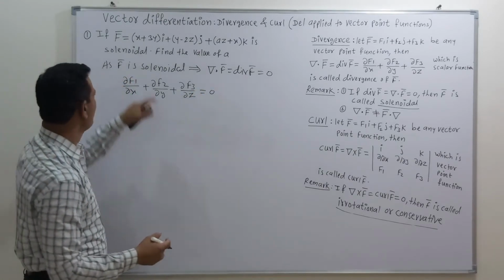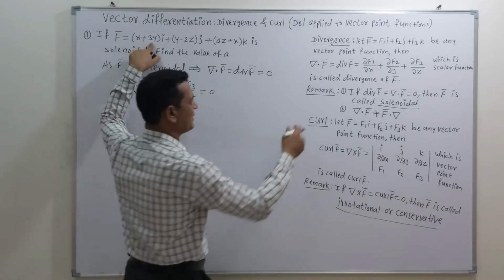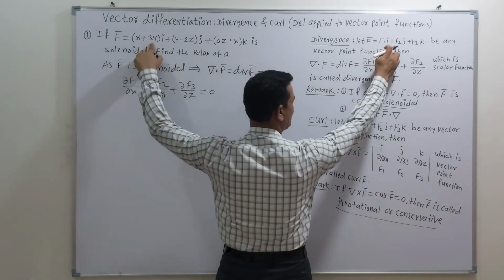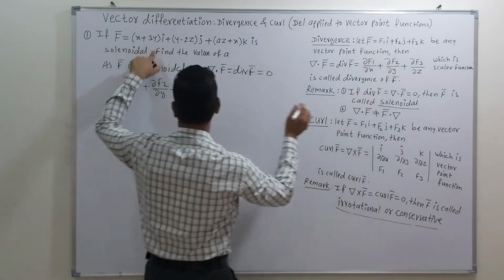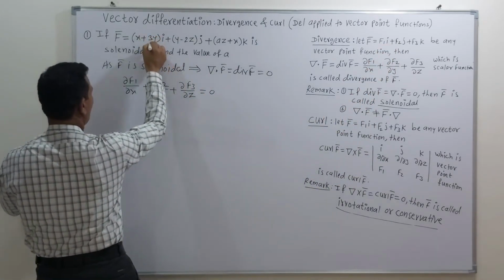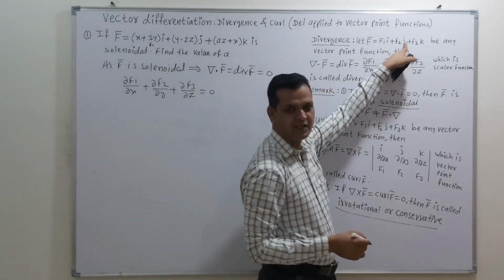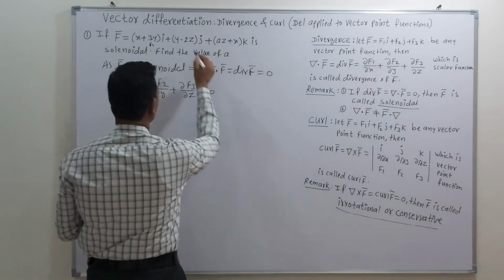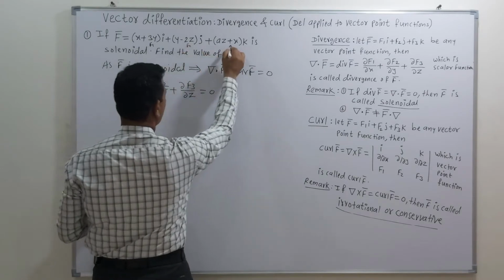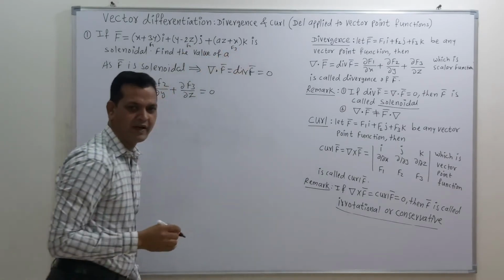Now, if we compare the given example with the definition of f bar, the coefficient of i is f1, the coefficient of unit vector j is f2, and similarly the coefficient of k is f3.